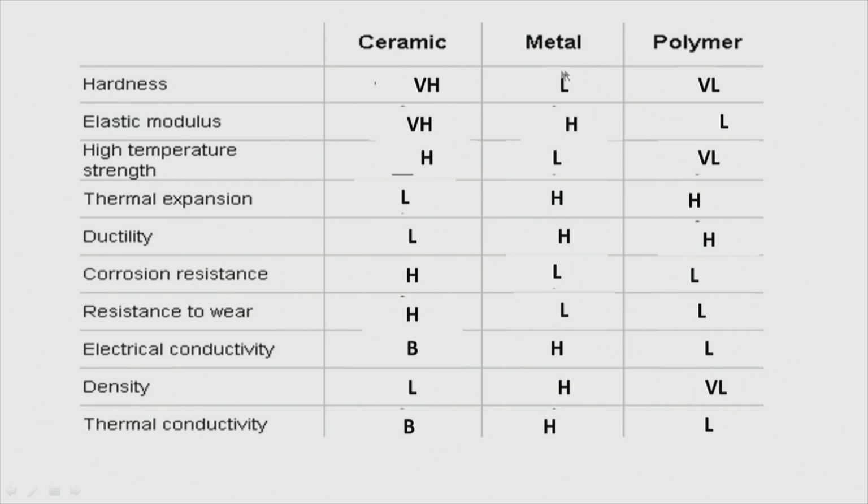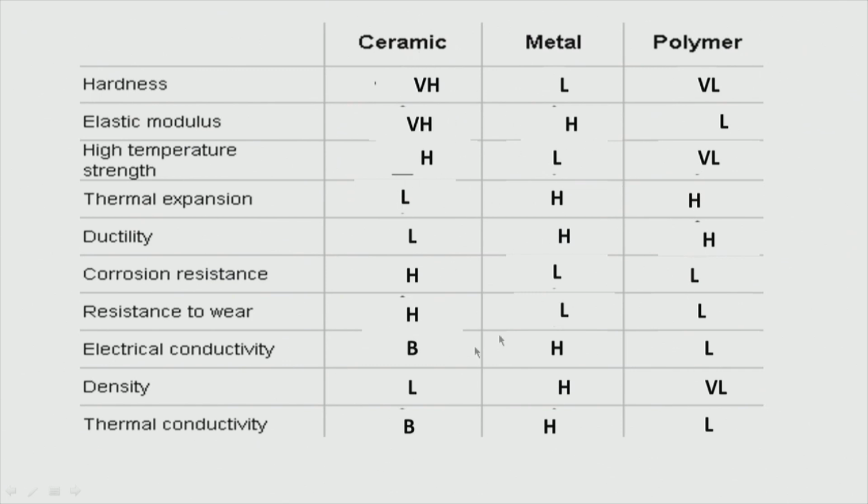If you look at metals, they have low hardness, high elastic modulus, low temperature strength, high thermal expansion, high ductility, low corrosion resistance, low resistance to wear, high electrical conductivity, high density, and high thermal conductivity. So, the metals have these properties, and polymers and ceramics are different.